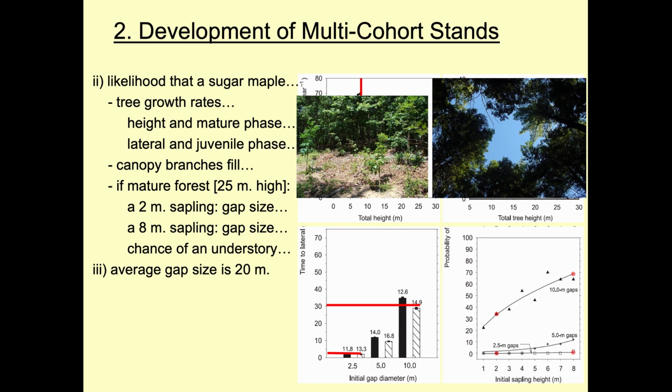Now, the average gap in maple forests has a diameter of around 20 meters. And although I mentioned this idea in the clip before this, I'll just touch on it really quickly again. So basically, that 20-meter diameter is enough for many different saplings to grow.